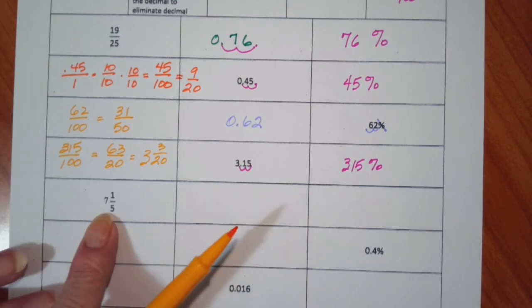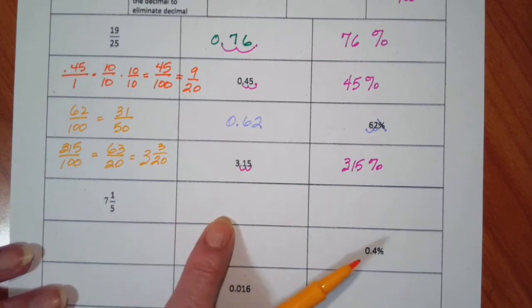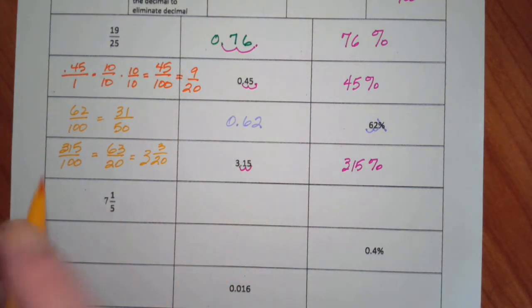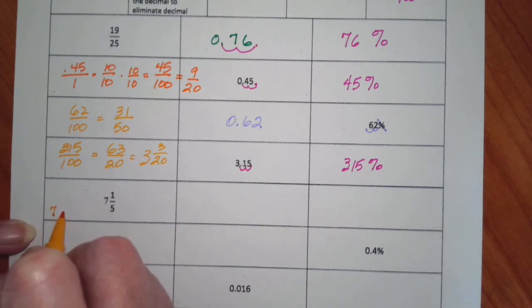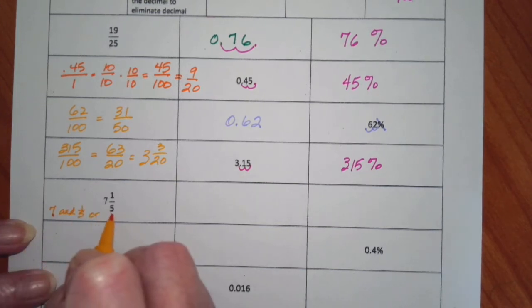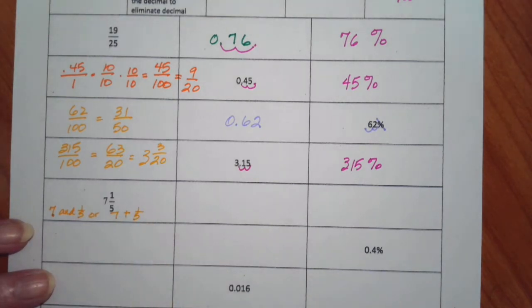Now what I do need here is I do need to know how to turn this into a decimal. So 7 1/5 is really 7 plus 1/5.